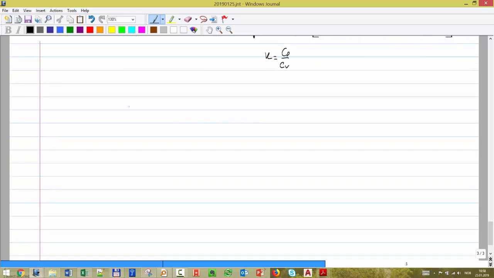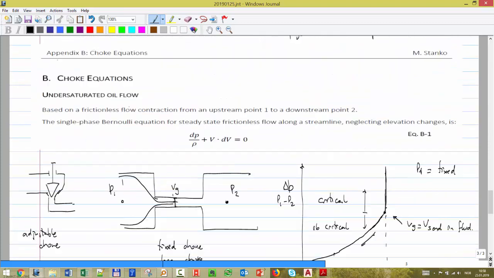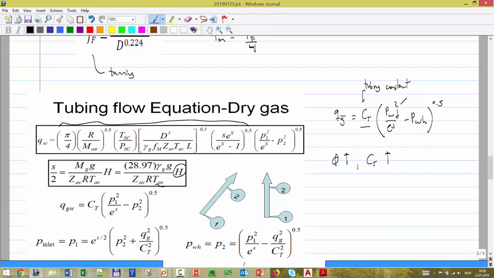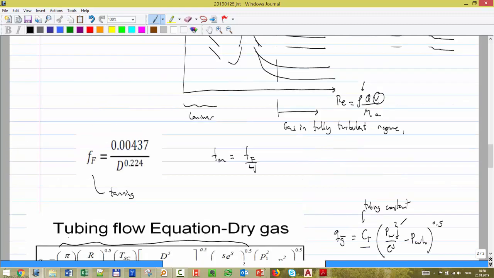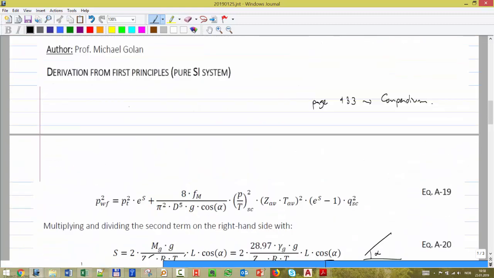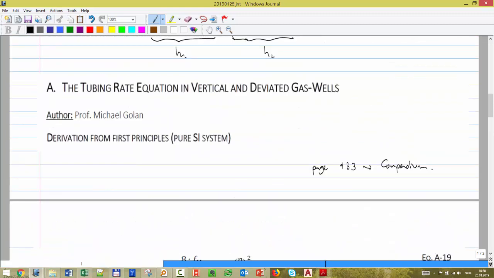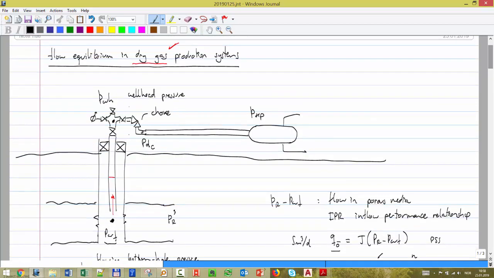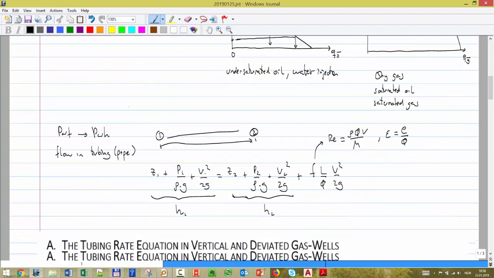Okay. So now we have from the choke, from PDC all the way to P separator. Can we use the same tubing equation that we were using before? If I say it's an inclined line, let's say it will be fairly horizontal.